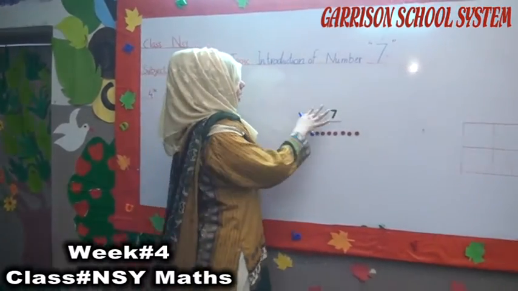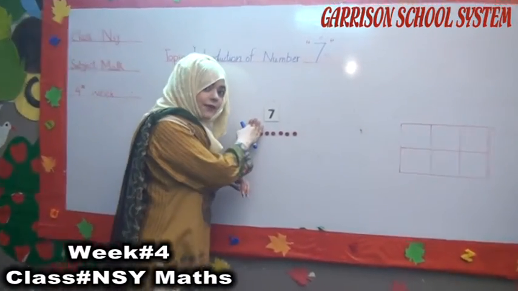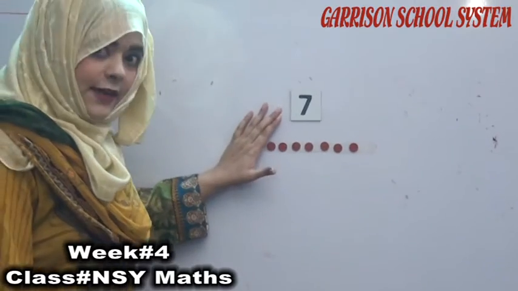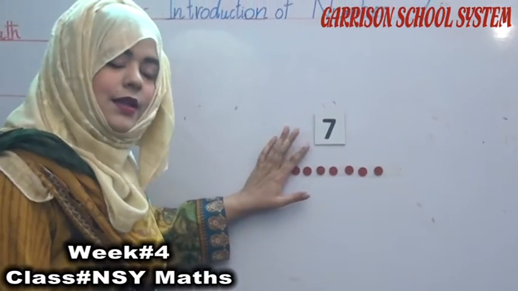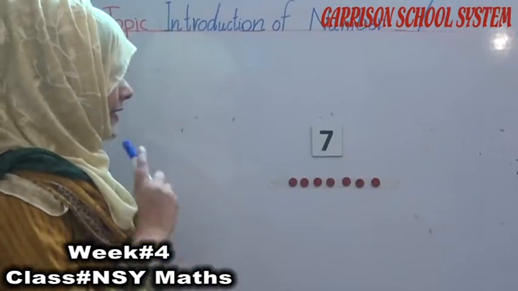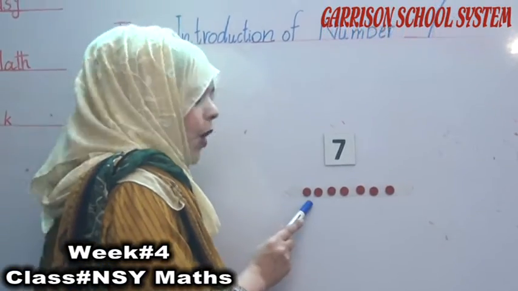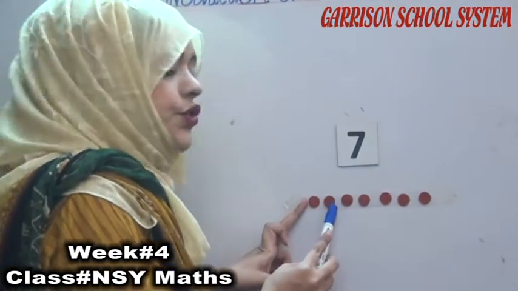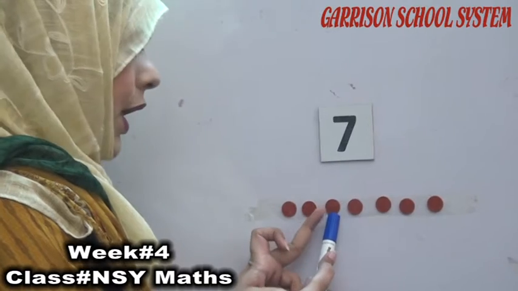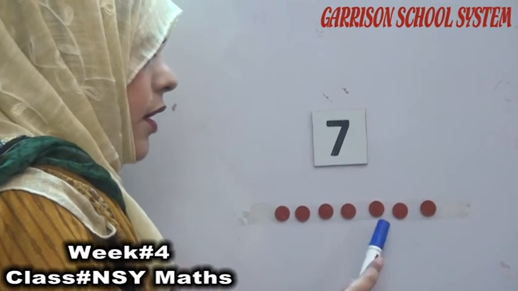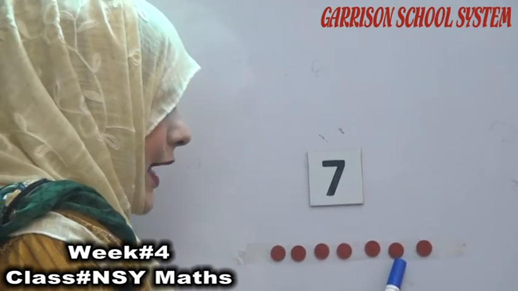Okay, so my number is 7. It's 7, 7, 7. So let's see how you are going to count the 7. It's 1, 2, 3, 4, 5, 6.